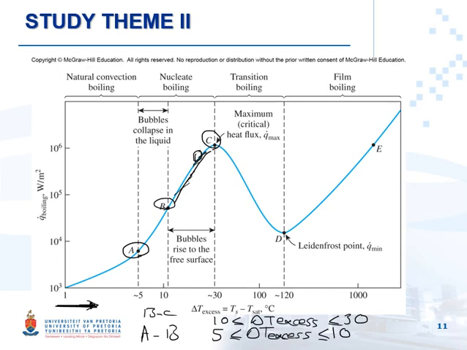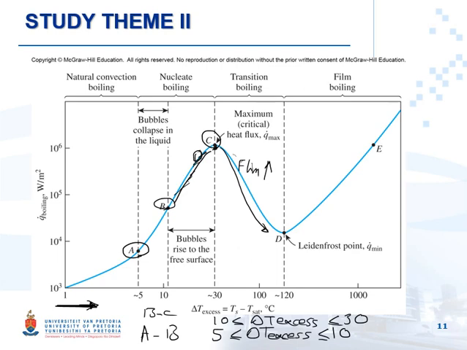So here we have nucleate boiling, let's say 100% to 0 film boiling. But when we walk through to point D, as the temperature increases, the percentage of film boiling increases from 0 to 100 up to this point that we call the Leidenfrost point.